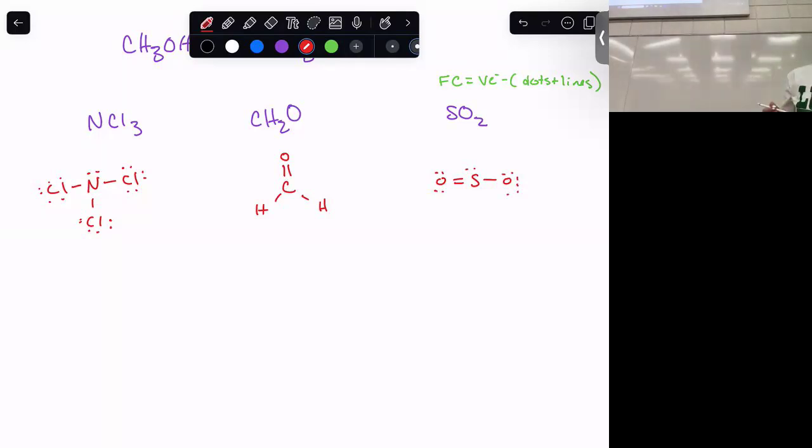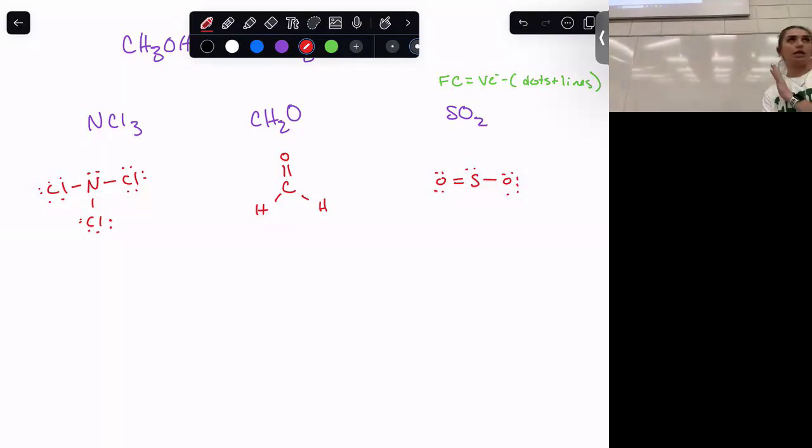Alrighty. So here are your three structures that you should have come up with. As a kind of hint, if you see a nitrogen in compounds like NH3, nitrogen's usually going to end up with 3 bonds and 1 lone pair. It likes it that way.